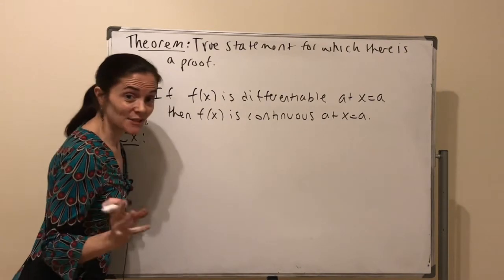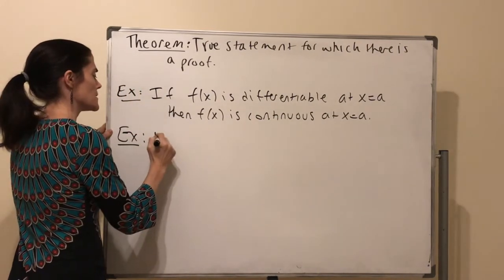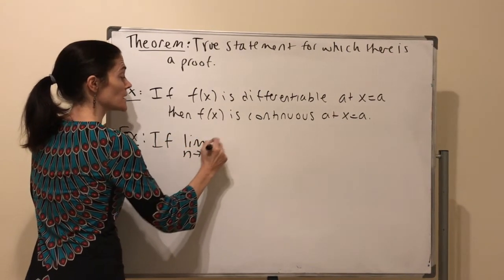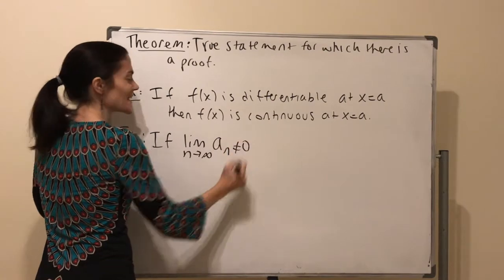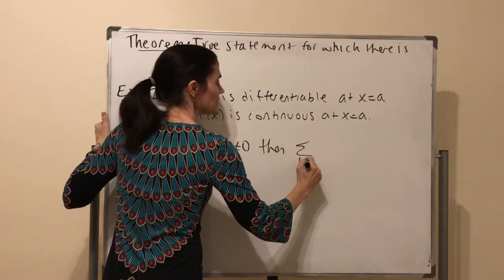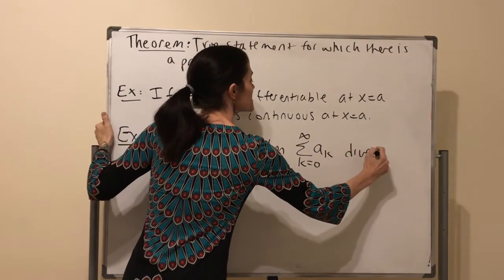Well, from Calc 2, which is my personal favorite of the three calculuses, there's one that says if the limit as n goes to infinity of a_n is not equal to 0, then the sum of a_k diverges.